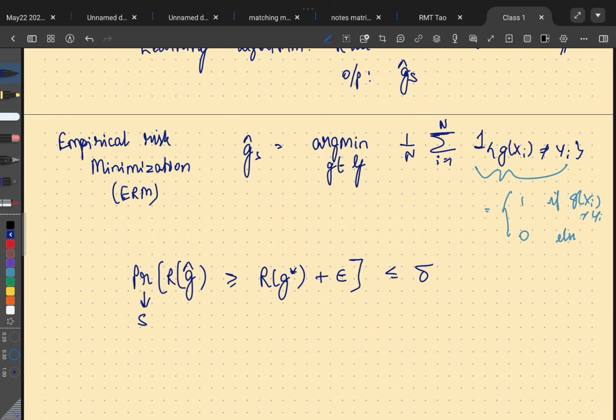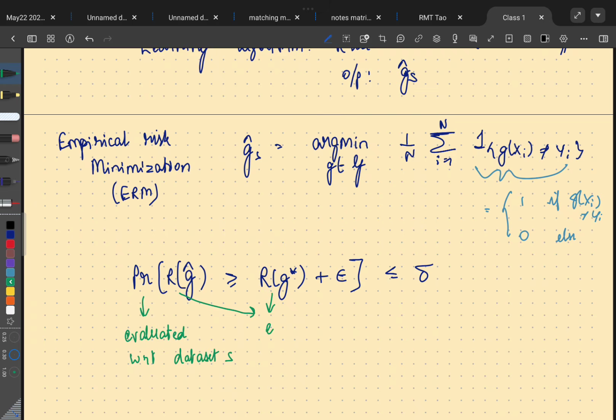So this is evaluated with respect to the data set S, but you should keep in mind that R of g hat and R of g star are also probabilities, the probability that you make a misclassification error.